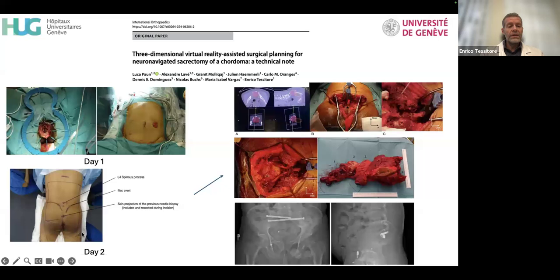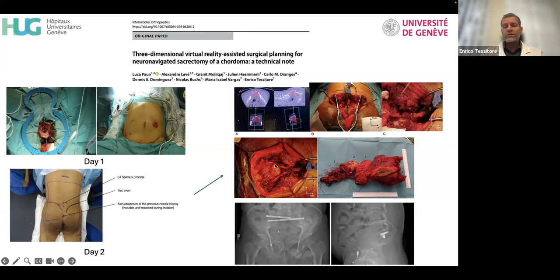The second day, you might see here the surgical planning, and we first did an acquisition with a reference on the L5 spinous process. This allowed us to recognize the biopsy tract at the level of the skin, and you might see that the biopsy tract was excised together with the surgical piece.